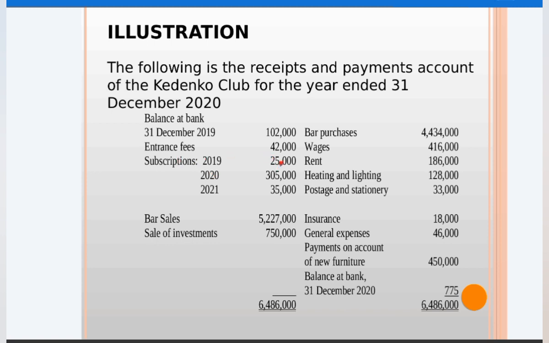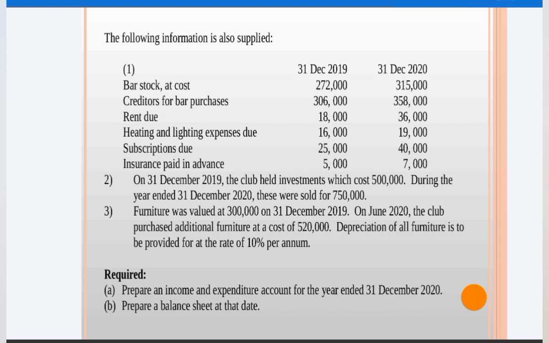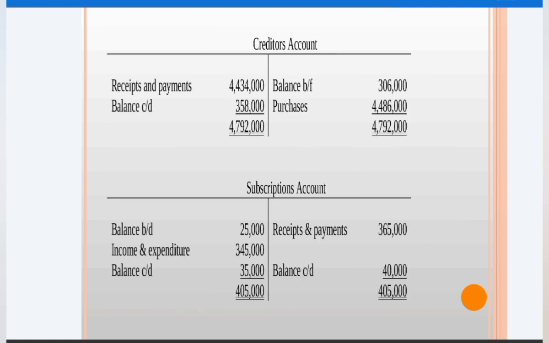The 25,000 is for 2019, which is the balance that we must have brought down. And then the amount received for 2020 is 305. And the amount for 2021, which should be the closing balance, 35,000. So if we were to place those amounts here in our account, we have the 25,000, and then we look at the balance for 2021, which is 35,000.